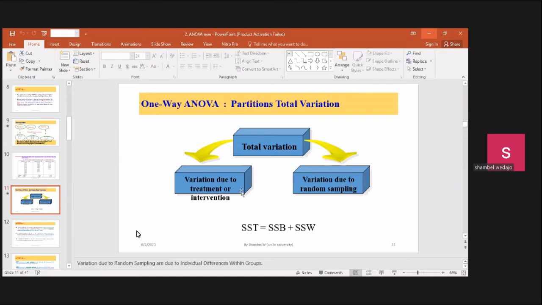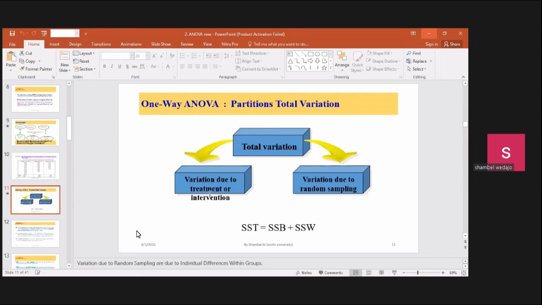But variation due to treatment or intervention is the variation that you really manipulate, because of some categorizations: having low socio-economy, middle socio-economy or high socio-economy, or in the previous example, using chemical fertilizer, biological fertilizer, or no fertilizer.